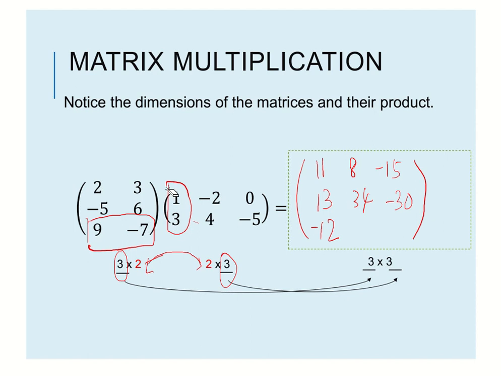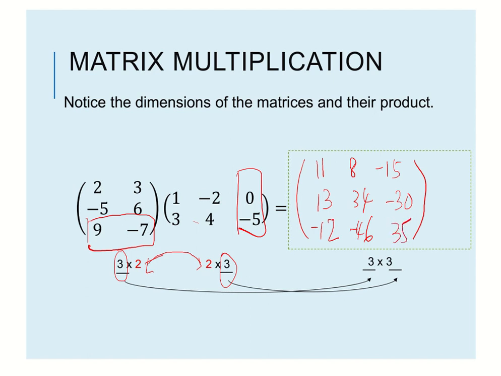Right, and move on to the second column: -18, -28, right, -46. And now move on to the third column. All right, and we have 0, 35.